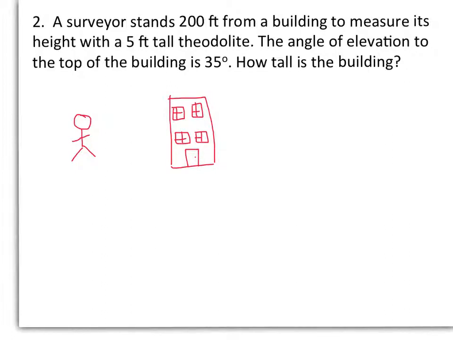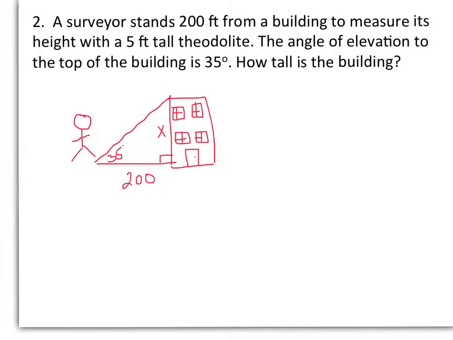Okay, it says he's standing 200 feet from the building. He's looking up at the top. Here's our right angle. It says that it's an angle of elevation of 35 degrees. So that's this angle here at the base. We want to find how tall the building is.